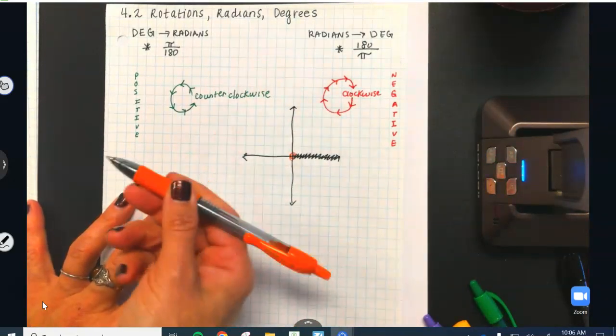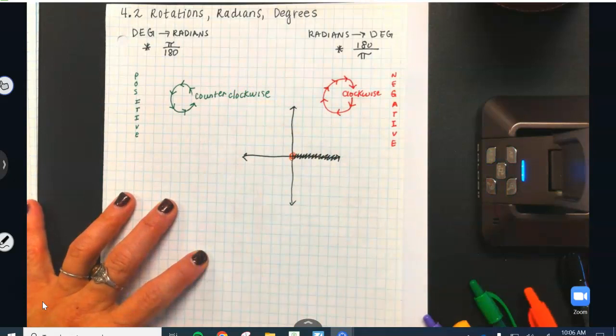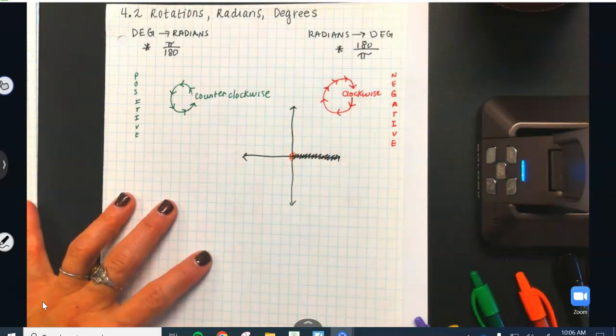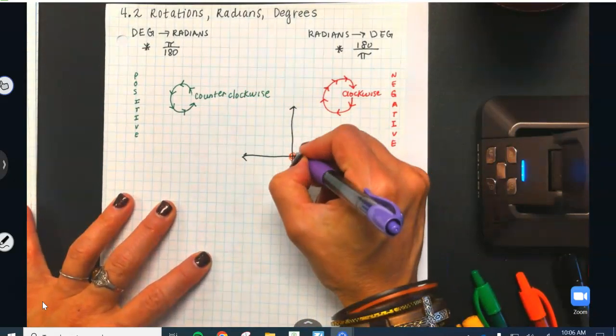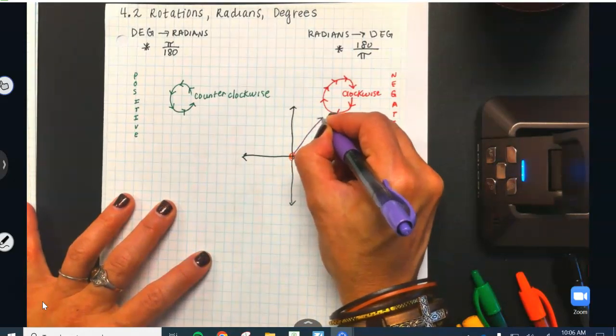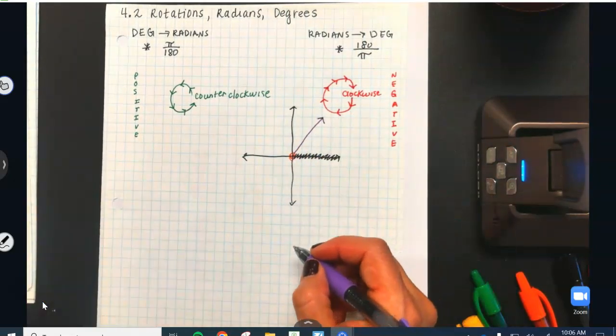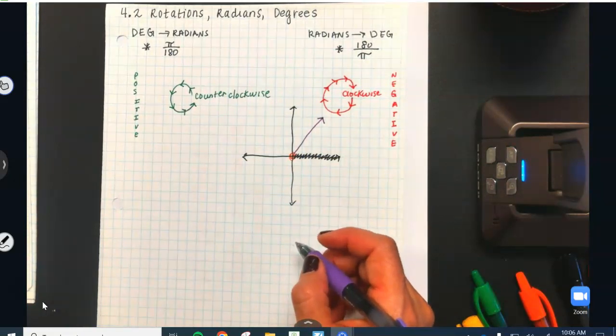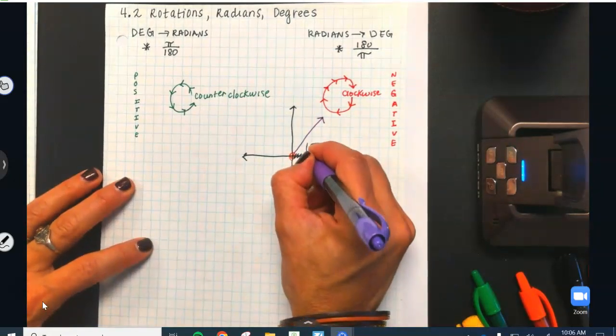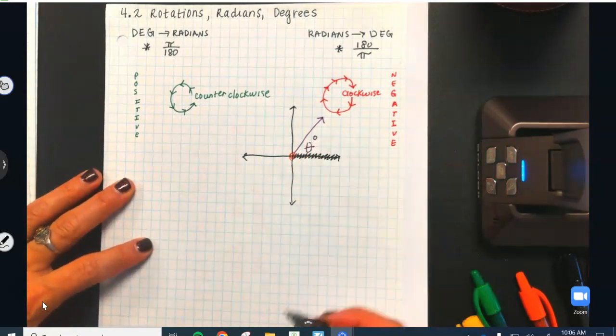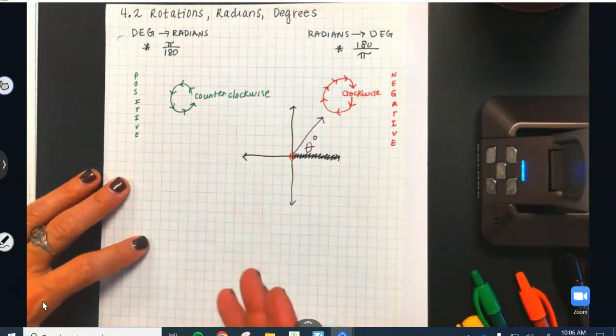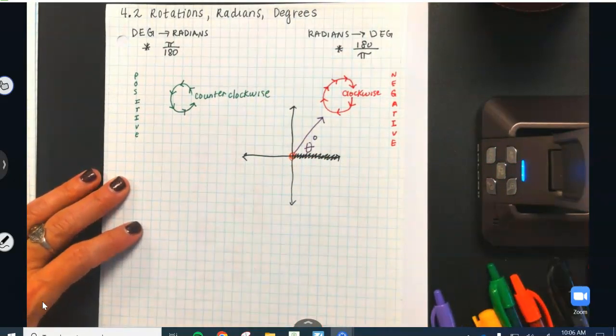And then we're just going to rotate up, down. When we rotate and create the angle, the side that makes the angle stop is called a terminal side, which makes sense. Terminal means stop. So I'm just going to write, here's where theta is. So that is called standard position.